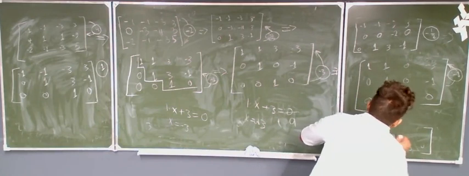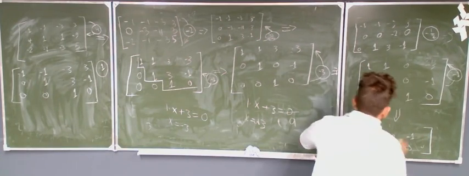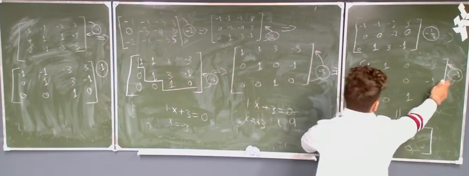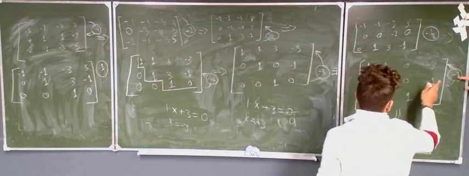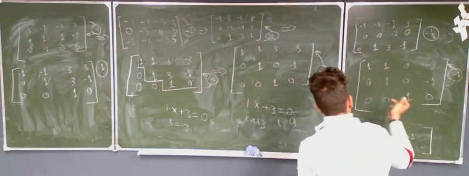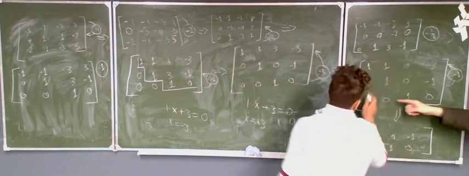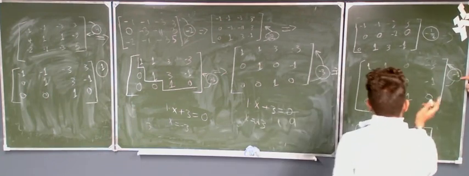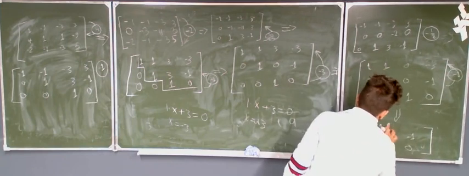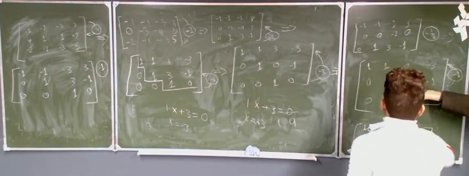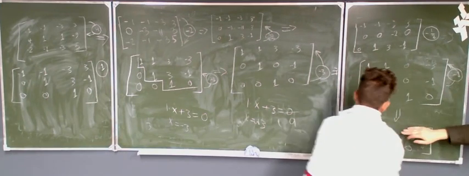No, we start with it here. So 0 multiplied by minus 1 is 0. 0 plus 1 is 1. Oh, no, I'm sorry. No, this goes. So not 1 but 0.